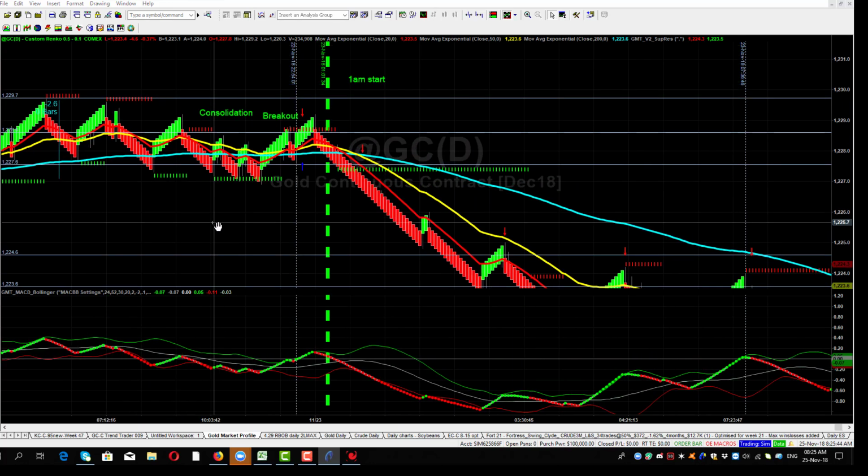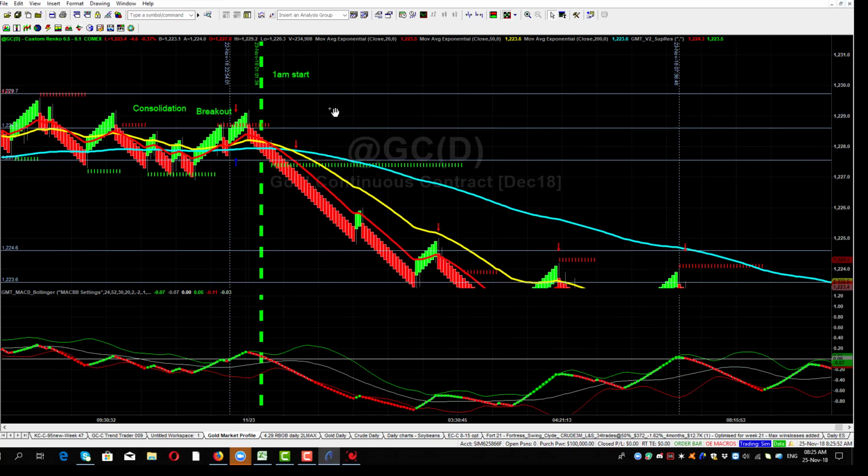Here's an example of the 23rd, trading on the 23rd. So you have a 1 a.m. start, obviously, depending on what time you're starting the session. You're running your automation, but this gives you an idea of how, and the Renko charts are good because they're great at cleaning up price action, so it's not so cluttered and so busy.